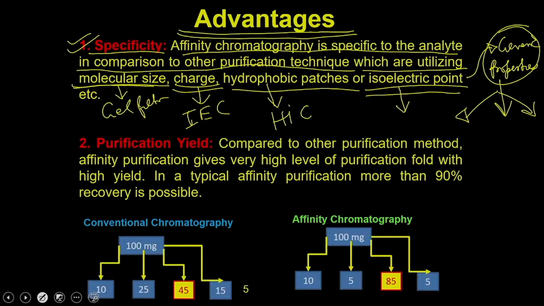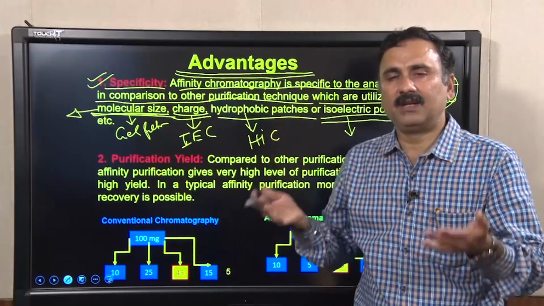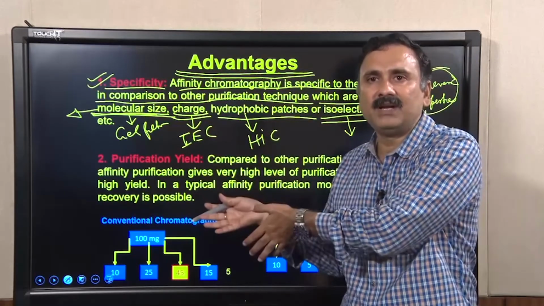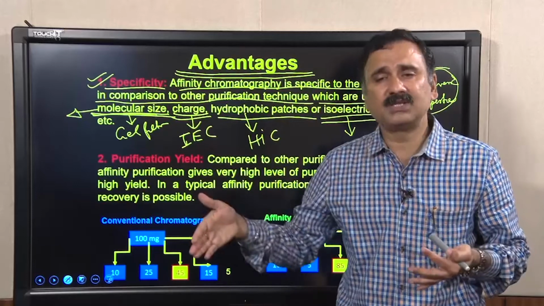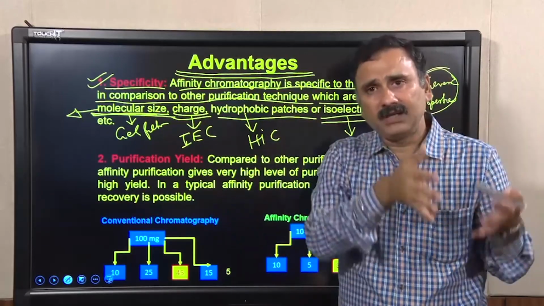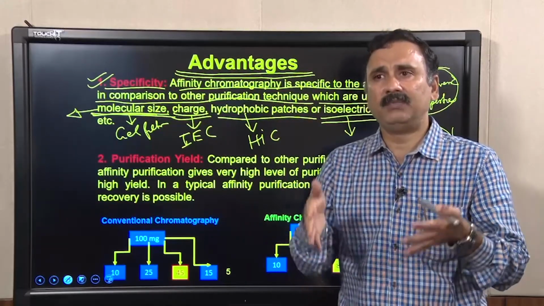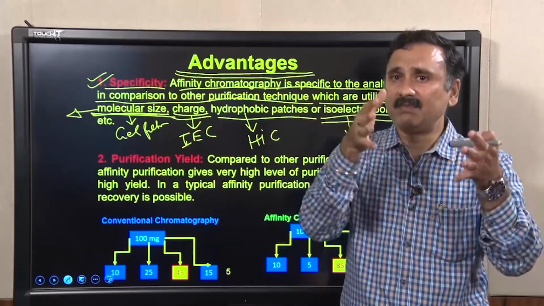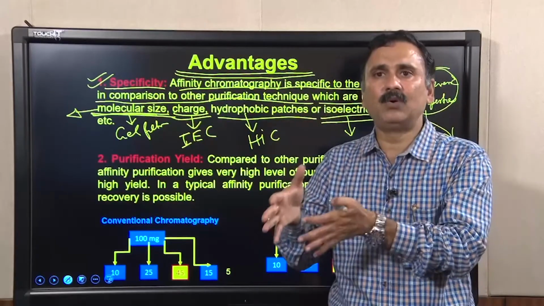If you go with the molecular size, for example, every protein is going to have some size. Some proteins might be 10 kDa, some 50 kDa, some 80 kDa. So even if you run a gel filtration chromatography, it is going to separate the molecules based on size, but it is not going to give you the particular analyte.